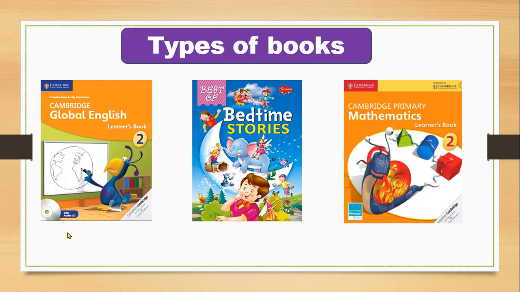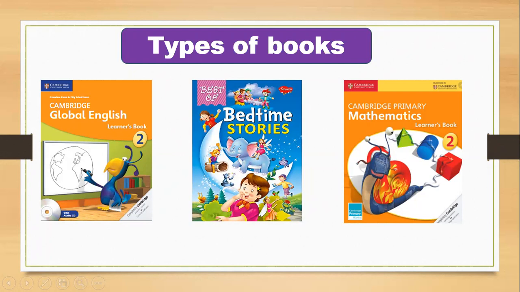Okay, so here is your English learner's book. This is your storybook, bedtime stories, and this is your math book. In this book, you learn how to speak, how to read, how to write, and you can read different stories, okay? And here, this is the storybook.